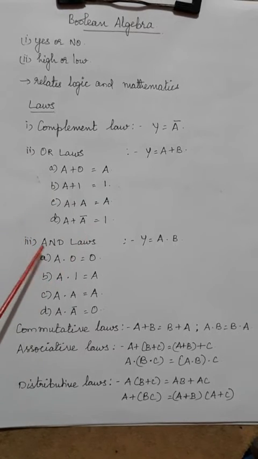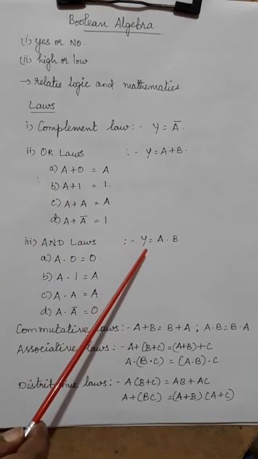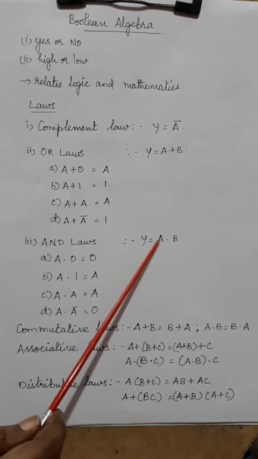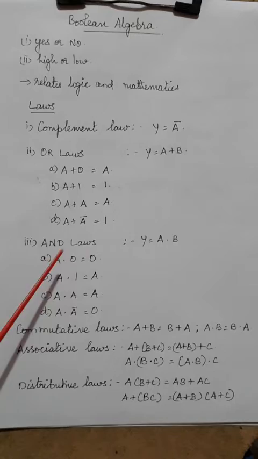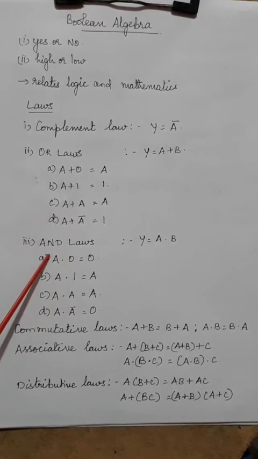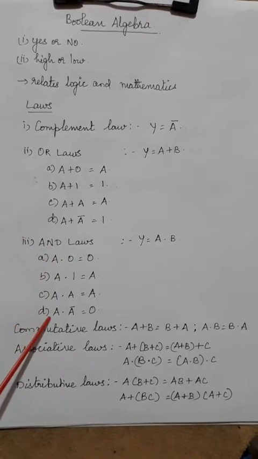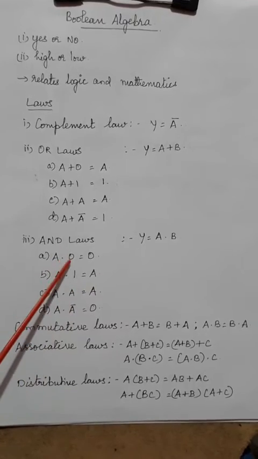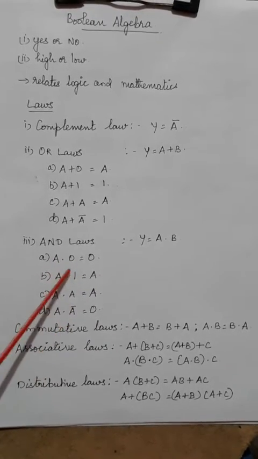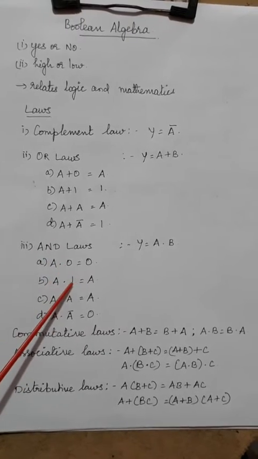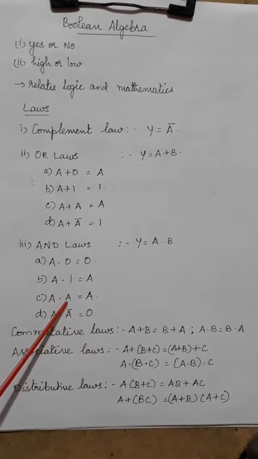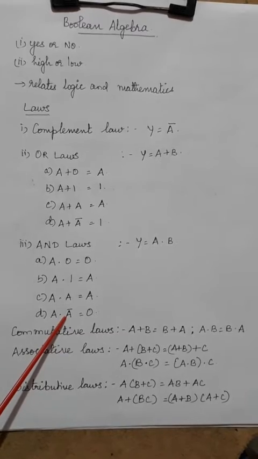The next one is AND. In the last class we studied y is equal to a dot b, a and b. Again I use the same 4 statements, where the first input will be a everywhere and the second input will be 0, 1, a or a complement.